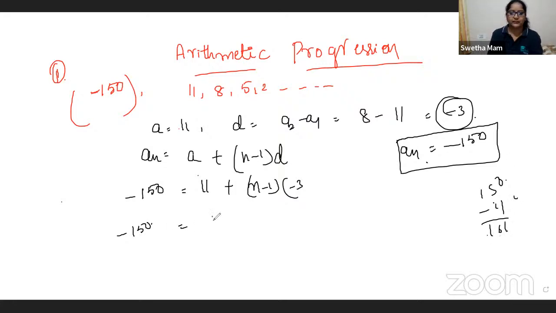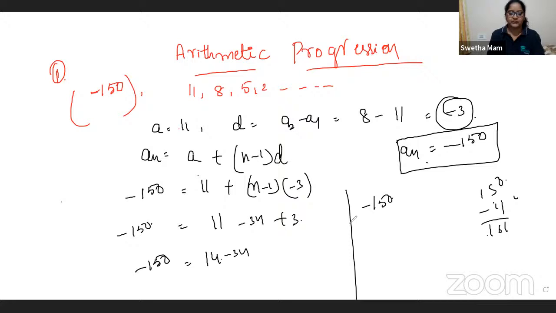You do one thing, keep this as it is. Minus 3 into N is minus 3N. Minus into minus is plus 3N. That is equal to minus 150. Then minus 3N. 11 plus 3 is 14, right?